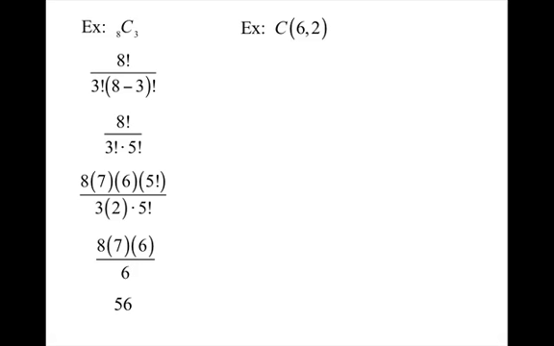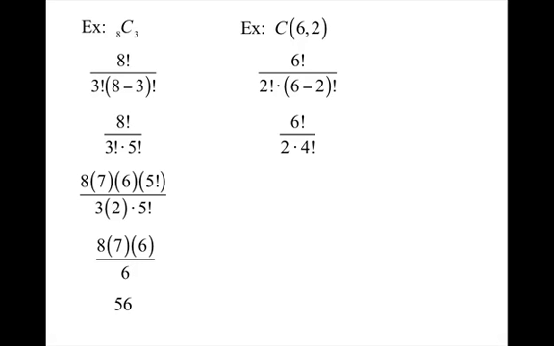In the next example, let's look at the combination of 6 choose 2. So my N is a 6 and my R is a 2. So I have 6 factorial divided by 2 factorial times 6 minus 2 factorial. The 6 minus 2 gives me a 4, so I have 6 factorial over, and if you remember, 2 factorial is just a 2, so I'm just going to write a 2, times the 4 factorial.